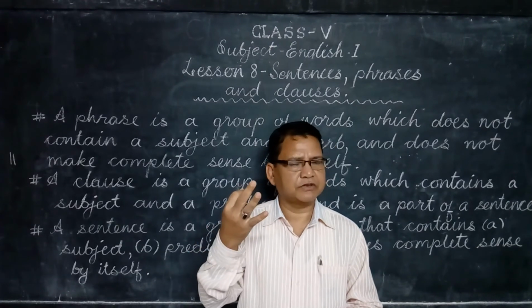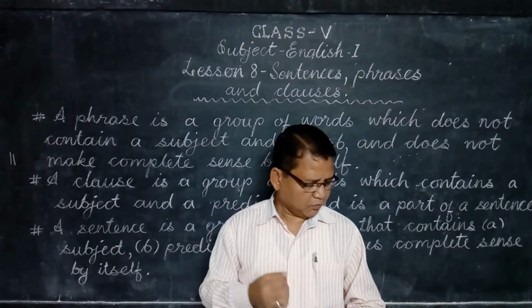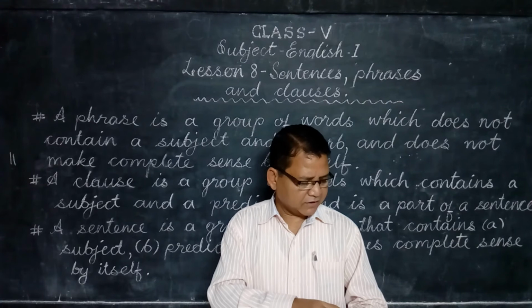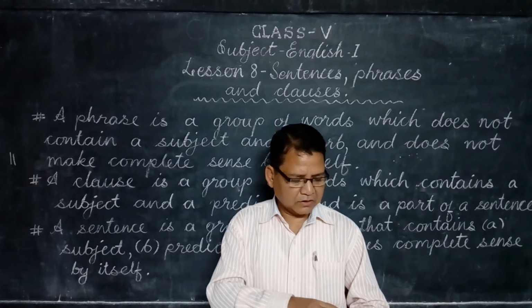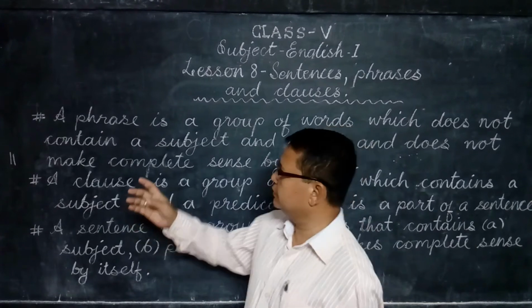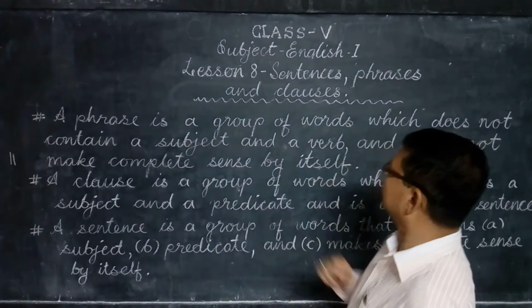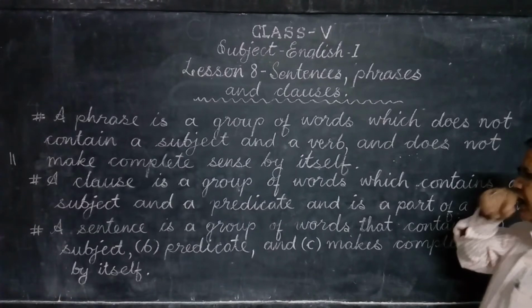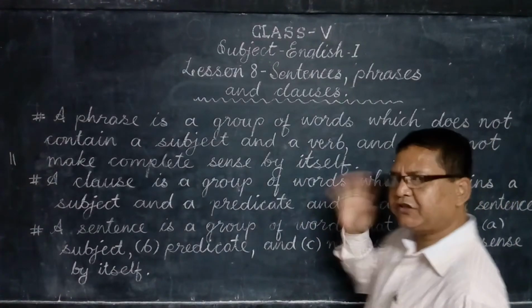Three points are important. Moreover, none of these groups of words makes complete sense by itself. Each depends on the subject and verb. Such a group of words is known as a phrase. Now, what is the definition of phrase? I told you, a phrase is a group of words which does not contain a subject and a verb and does not make complete sense by itself.